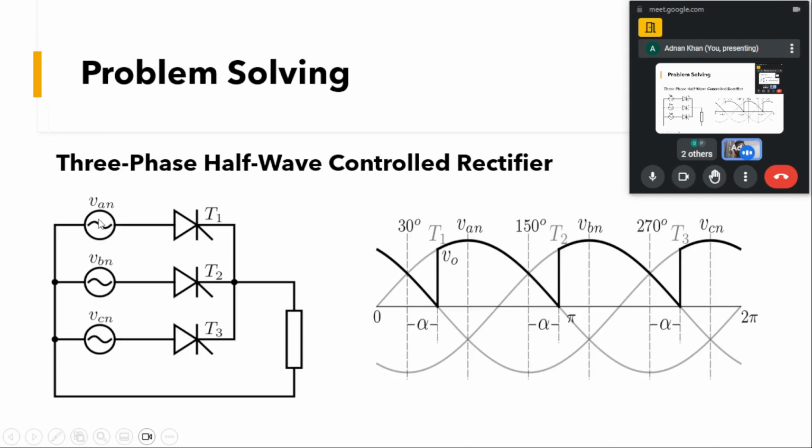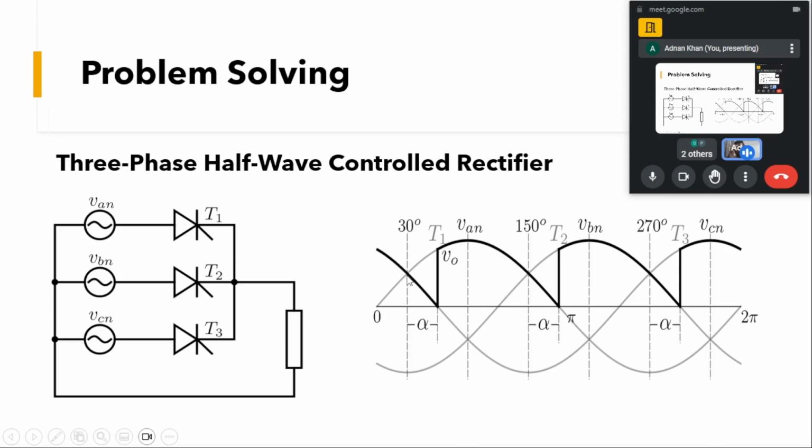You can see these three phases, and we have the three devices T1, T2 and T3. We had already seen for natural commutation that these devices are in a common cathode configuration, and the device with the highest voltage at any instant will be conducting.